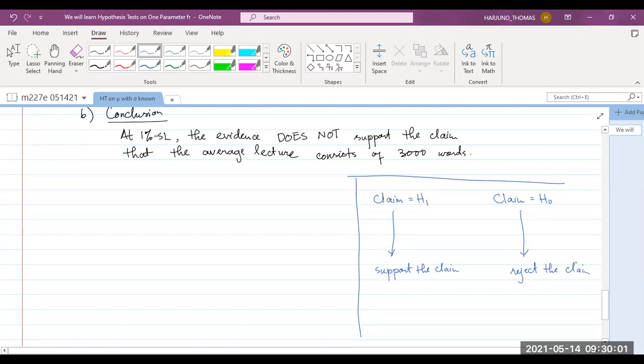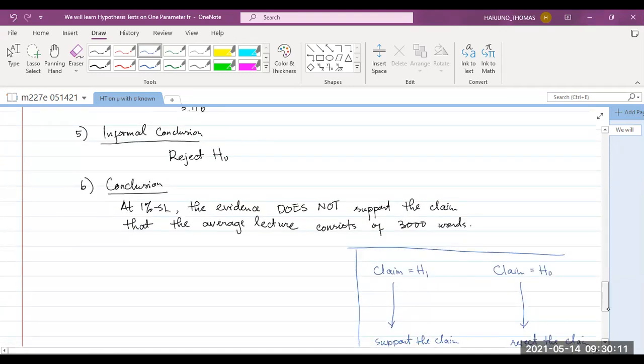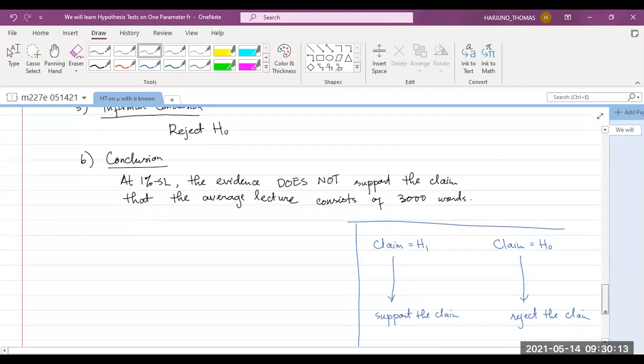Because the null hypothesis is the status quo, when we perform hypothesis testing, we try to reject it. That's why in step 5, we reject the null hypothesis or fail to reject it. We never say we support the null hypothesis. Never, at least that's not the intention.